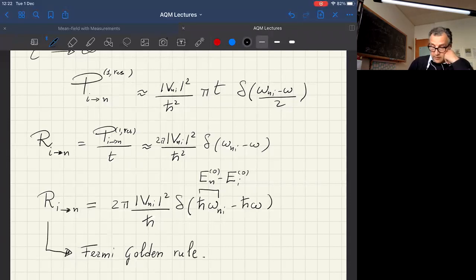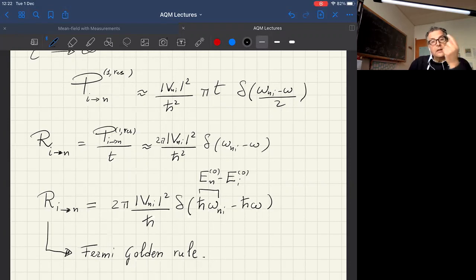It means the following. The probability per unit time is given by the matrix elements squared. So you have to connect two states by the perturbation, so selection rules should allow the transition between these two states.